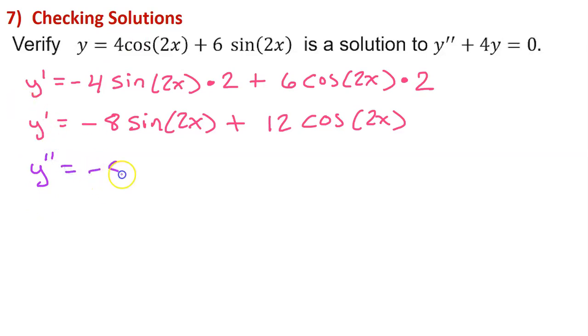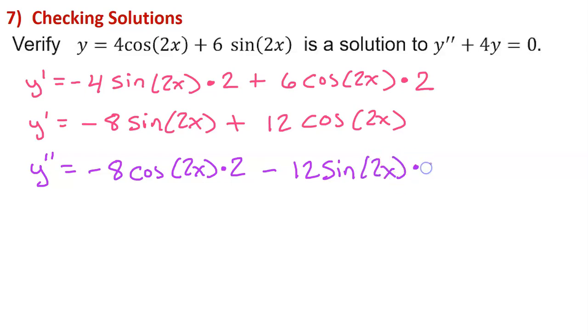Let's bring down that negative 8. The derivative of sine is cosine, so cosine 2x. Chain rule, so times 2. And then I'm going to bring down this 12. The derivative of cosine is negative sine.